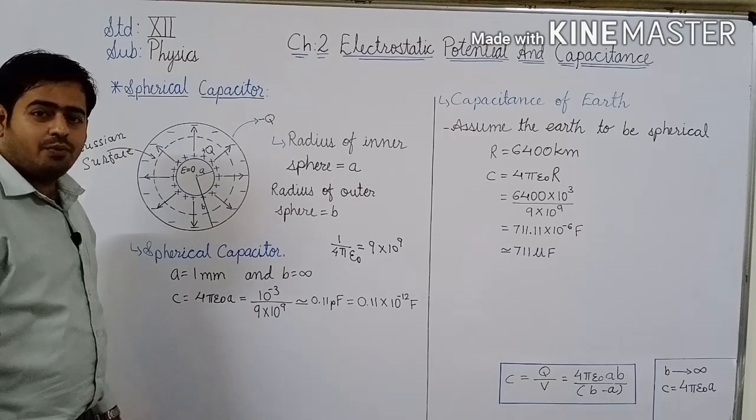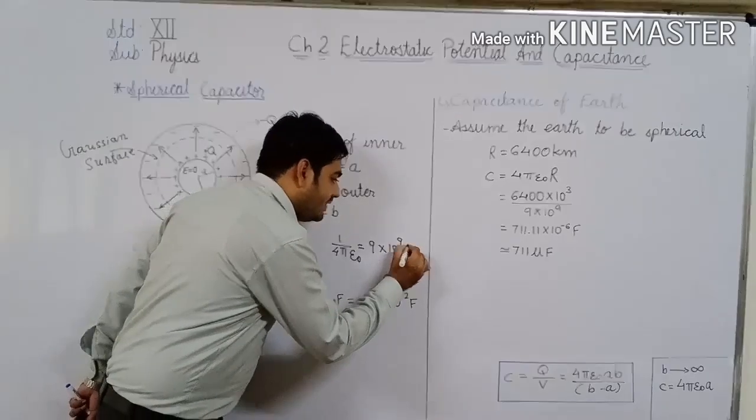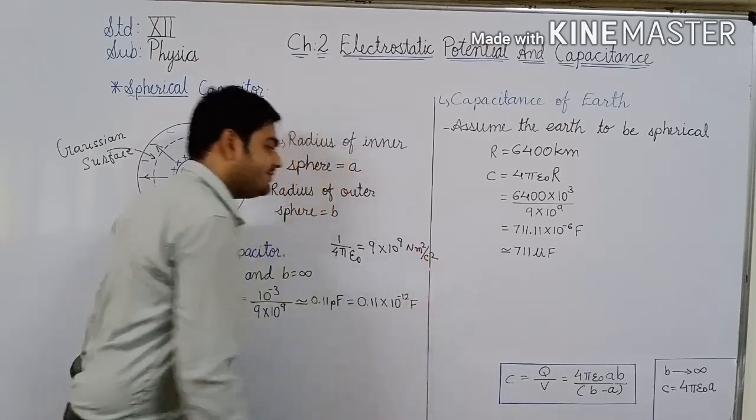What is the unit of 1 upon 4 pi epsilon naught? That is Newton meter square per coulomb square.